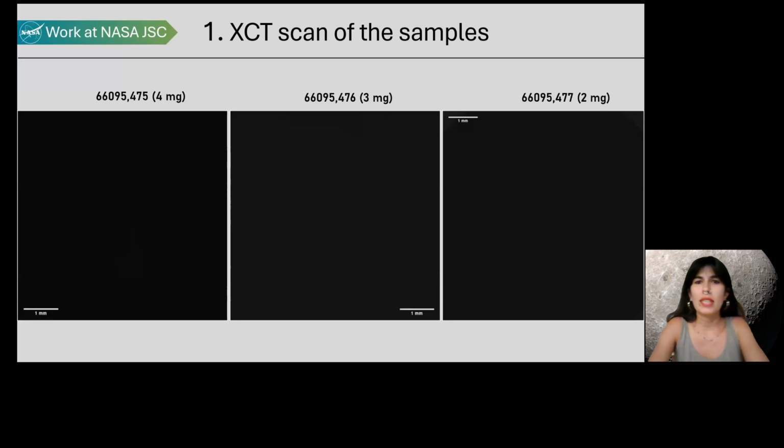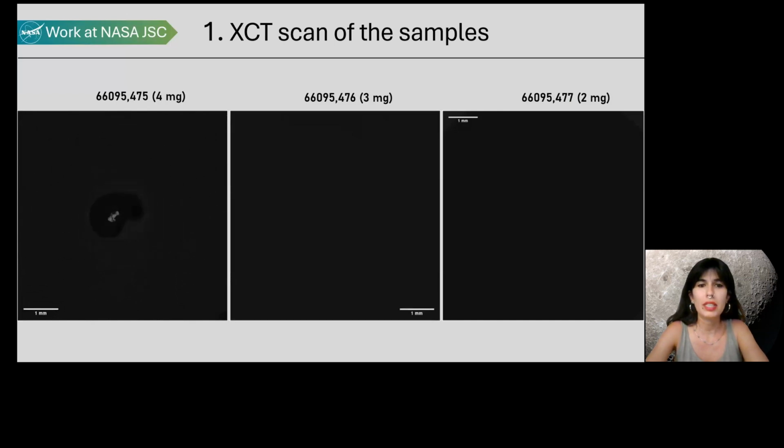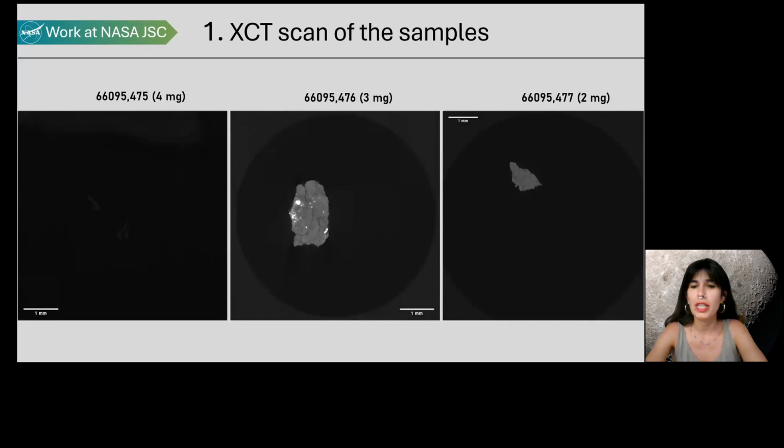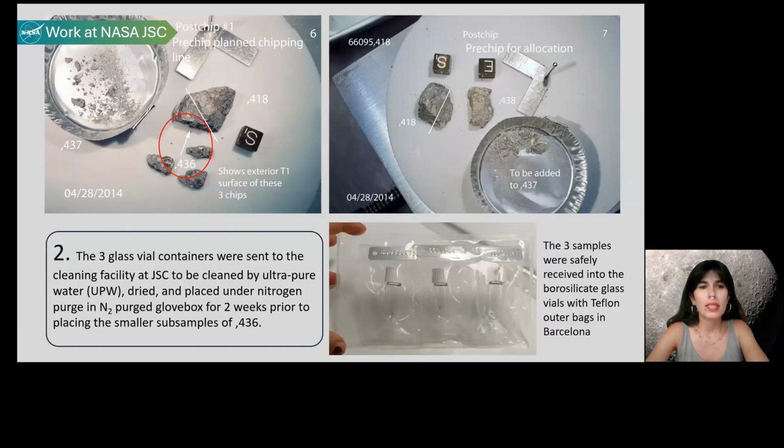The XCT scans of the samples are here, and you can see that the rust, these metallic grains, penetrate the sample. They are clearly observed in the grains of these sealed samples that were selected for study. These 3 subsamples were extracted from 436 and were kept in pristine nitrogen atmosphere.